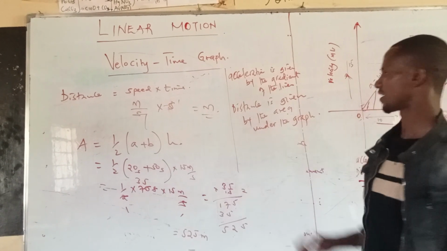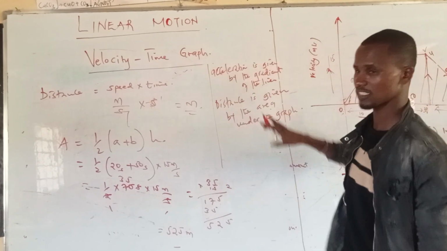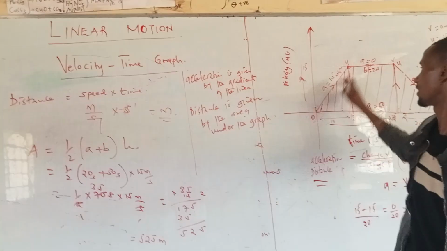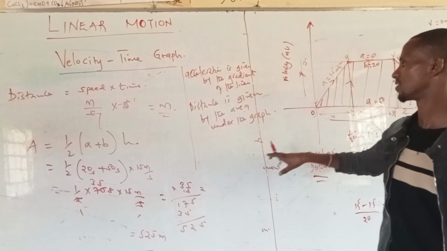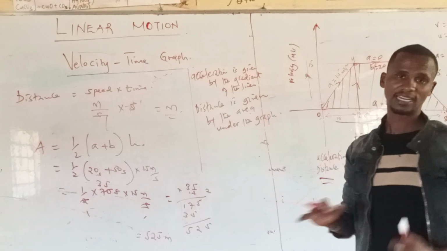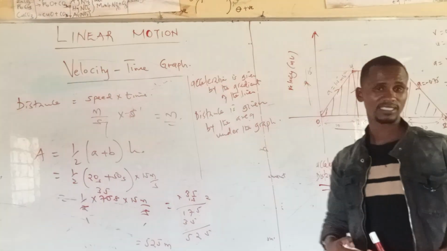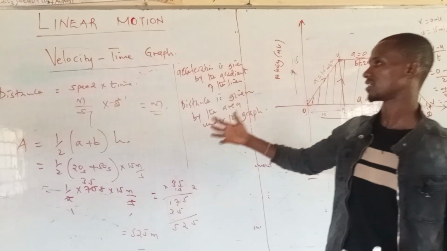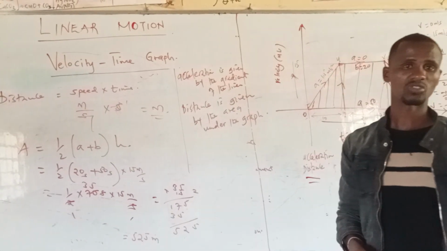So in a velocity time graph, acceleration is given by the gradient of the line, and distance is given by the area under the graph. That is what you need to understand to be able to obtain maximum marks as far as the velocity time graph is concerned.